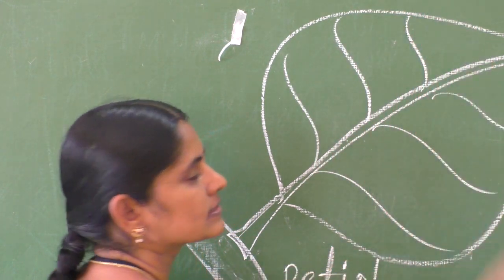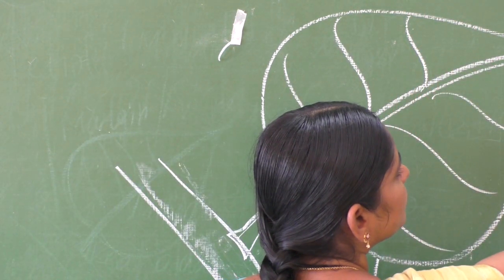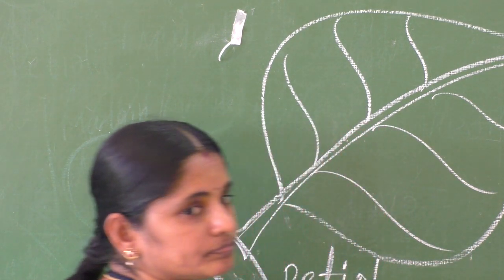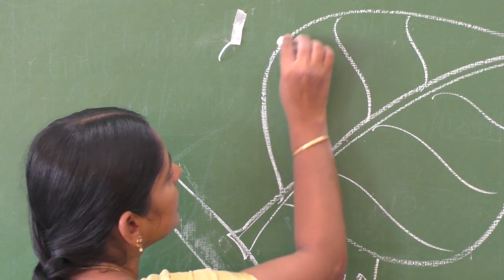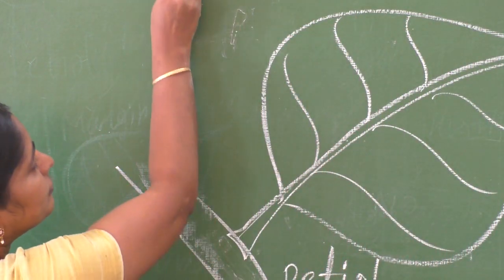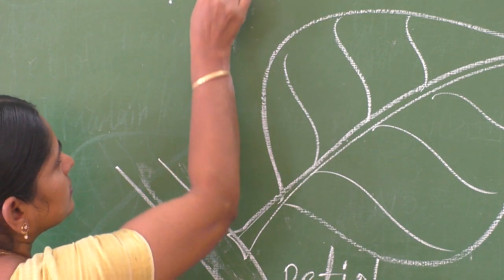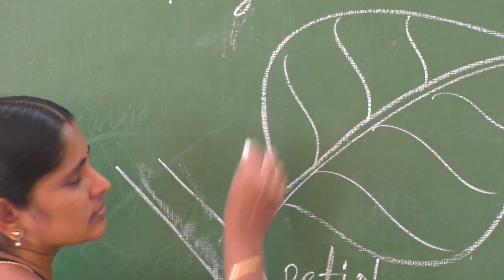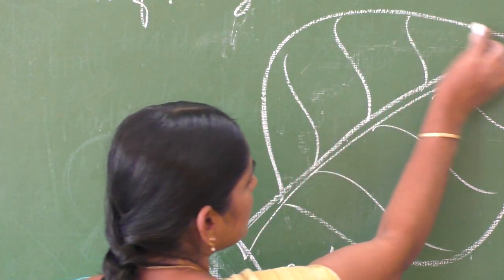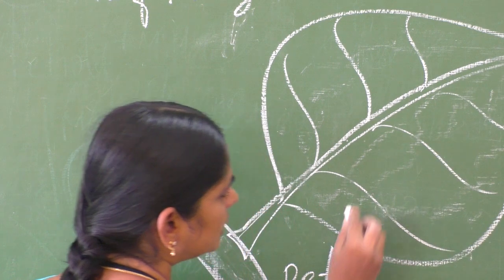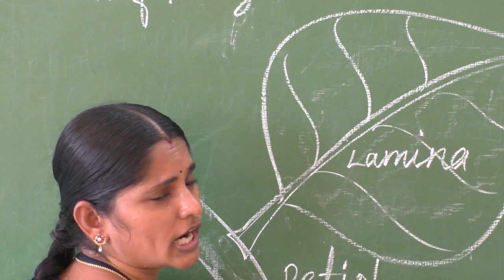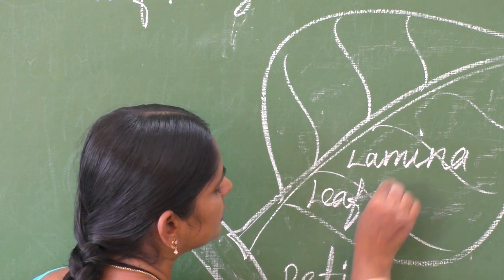This tip we can mark as apex, and the edge of the leaf we can call leaf margin. The full area of the leaf we call lamina. Another word, leaf blade.